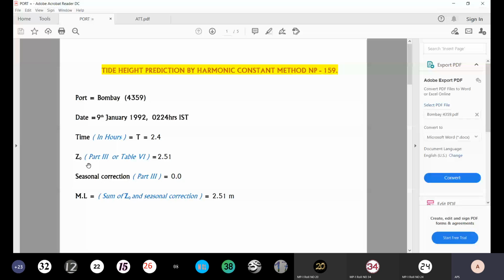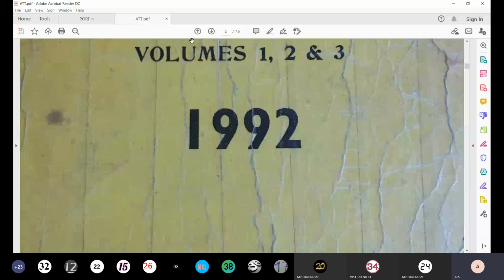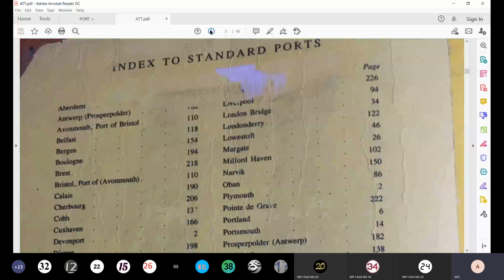Z0, you have to go to part 3 of volume 2, because this port is in volume 2, and you'll get the value 2.51. So I'll show that page to you. This is your tide table. This is your standard port list given inside the cover for volume 1.